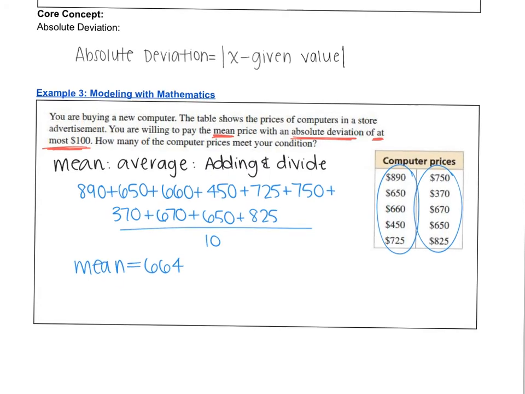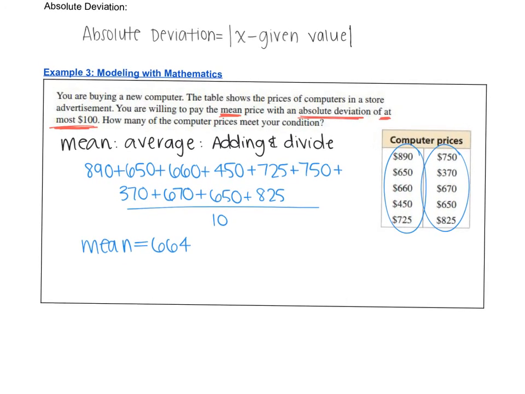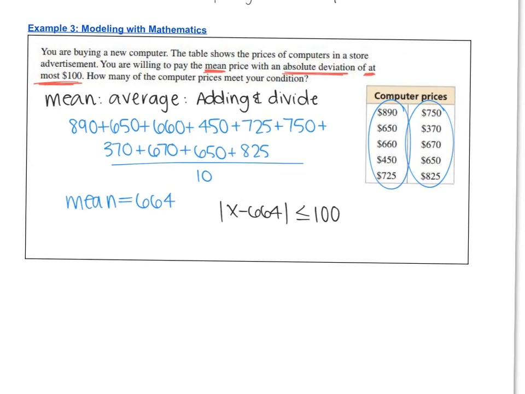So we are willing to pay the average price with an absolute deviation of at most 100. Absolute deviation is the absolute value of x minus our price, which is 664, and at most means less than or equal to 100. Now we have our inequality.